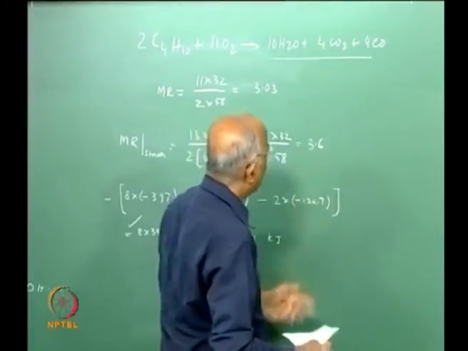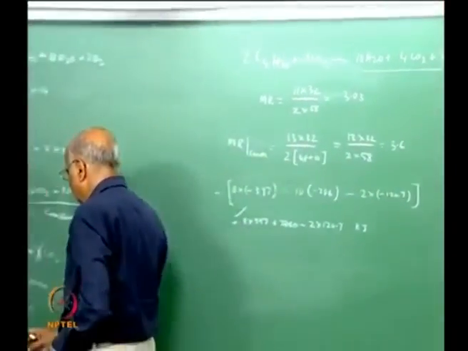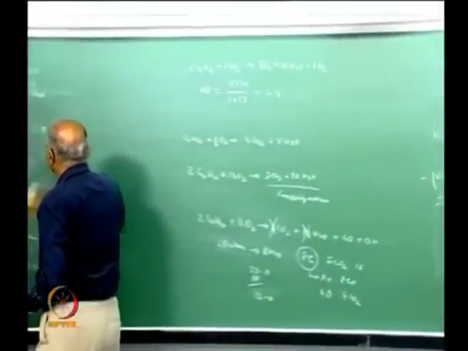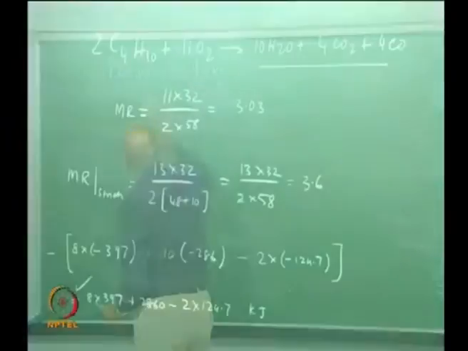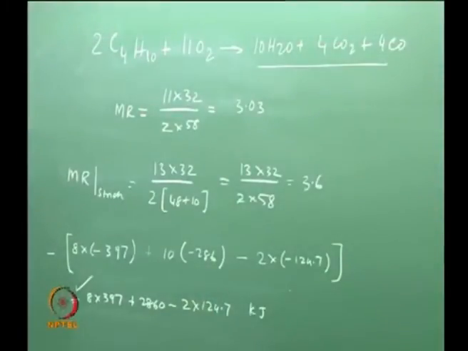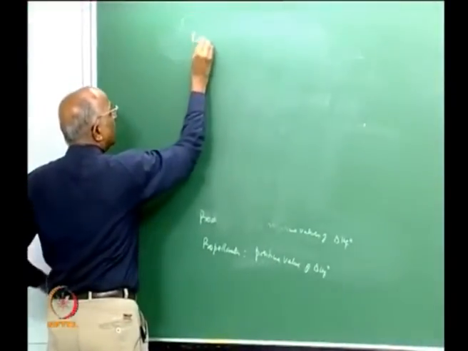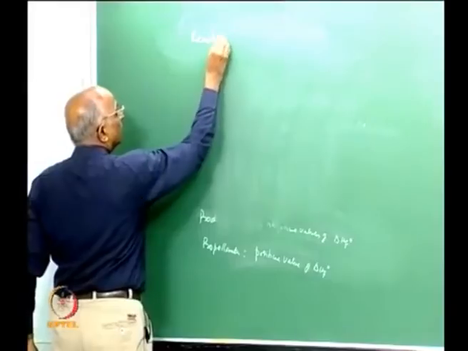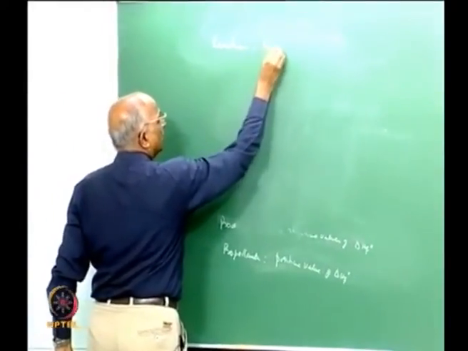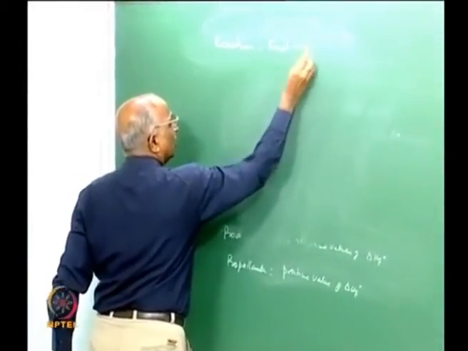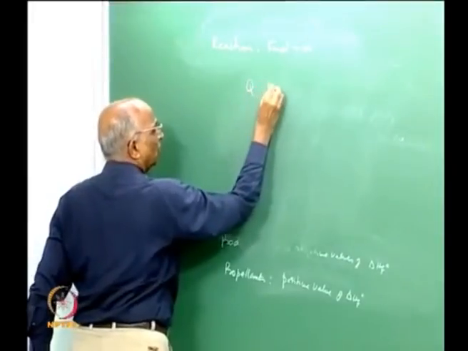and therefore you find that when a chemical reaction is somewhat fuel rich, that means it is short of oxygen, the value of Q comes down.